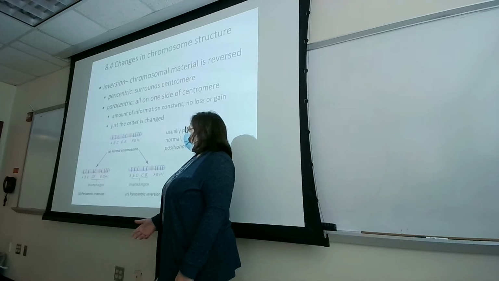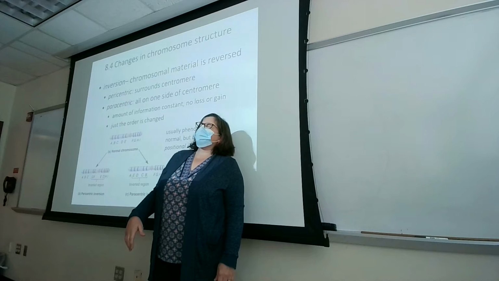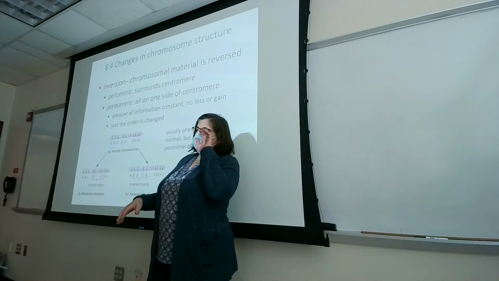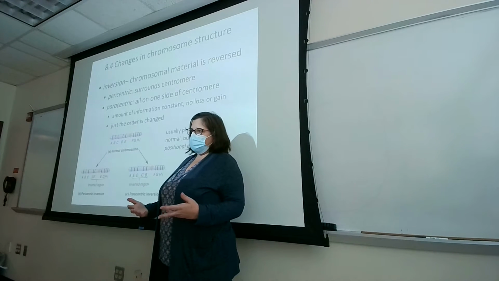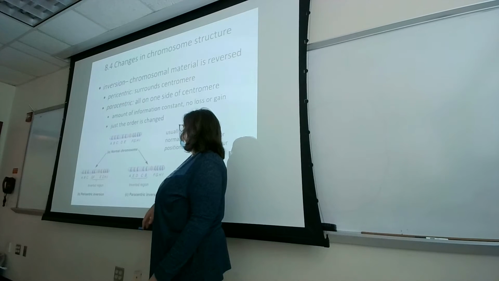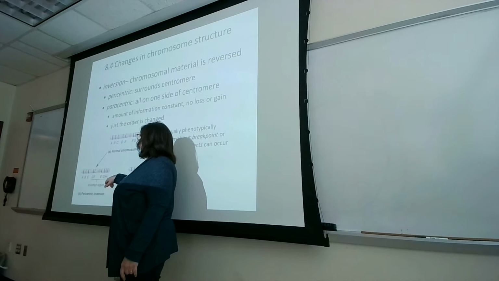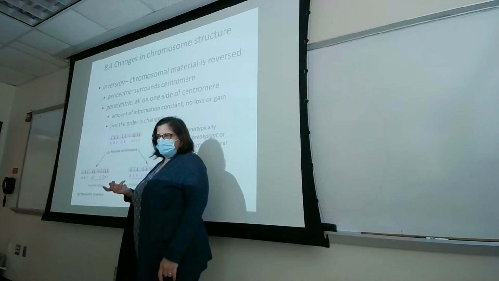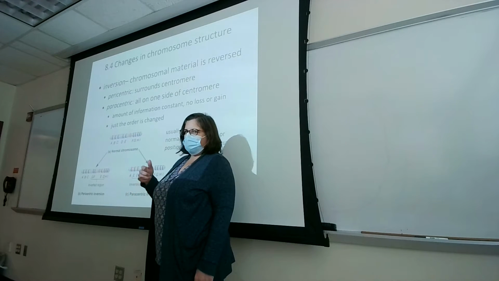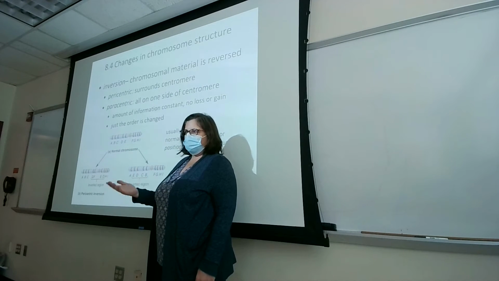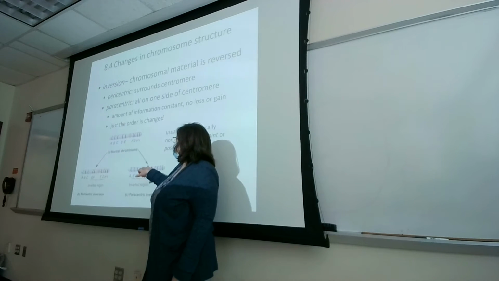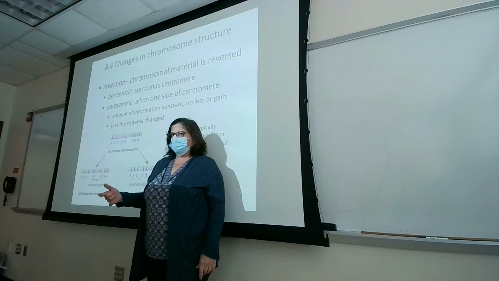Now, whether or not it involves the centromere has a lot to do with the problems that it causes. If it's around the centromere, so it includes turning the centromere upside down, it's called pericentric, like perimeter, so it's around the centromere. But if it's on one side, it's a para.